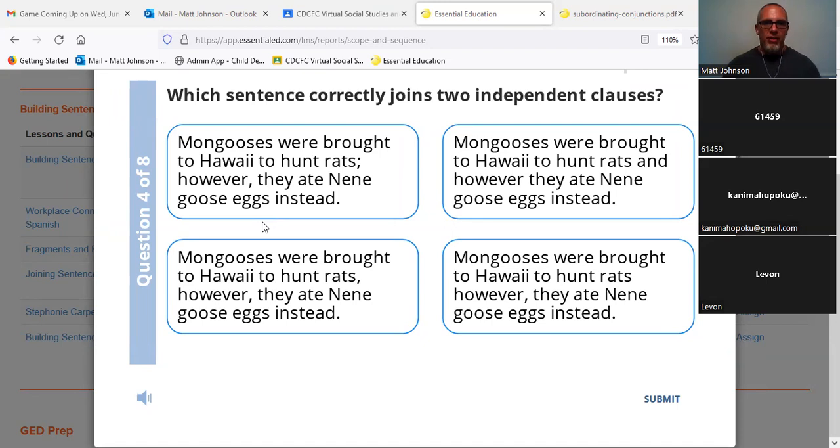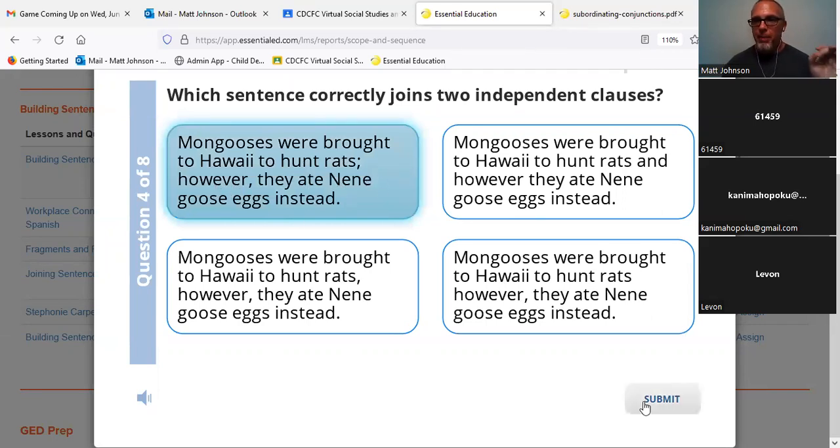I suppose you could say, so mongooses were brought to Hawaii to hunt rats, period. They, however, ate many goose eggs instead, right? So splitting it up that way, you could use it to kind of show contrast, but that's a little different. This one's correct. Got to have your semicolon and your comma for separating two independent clauses with words like however.